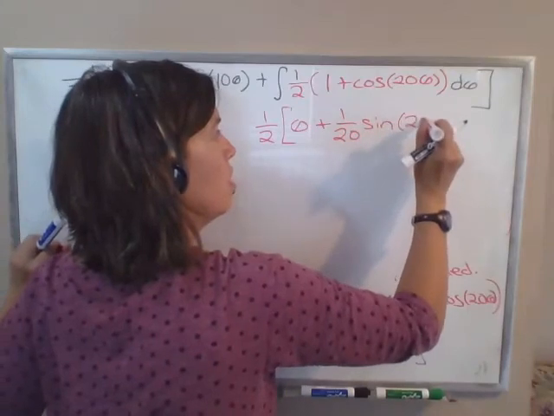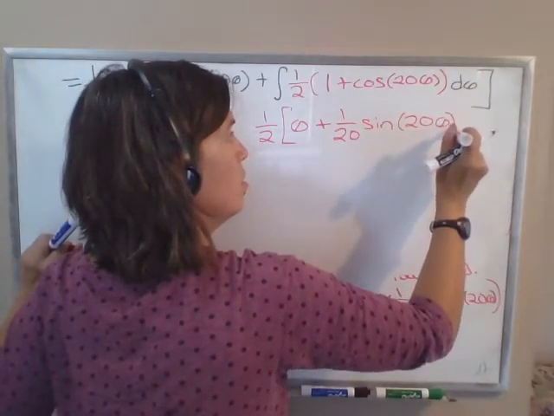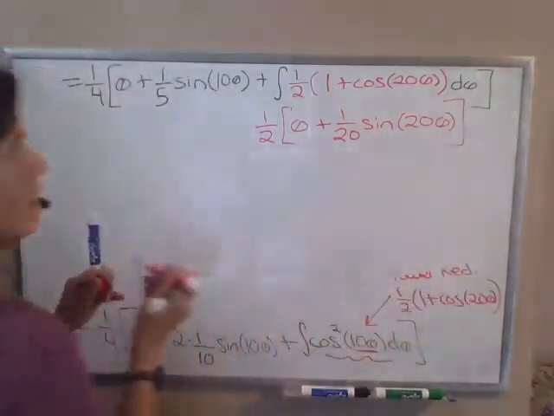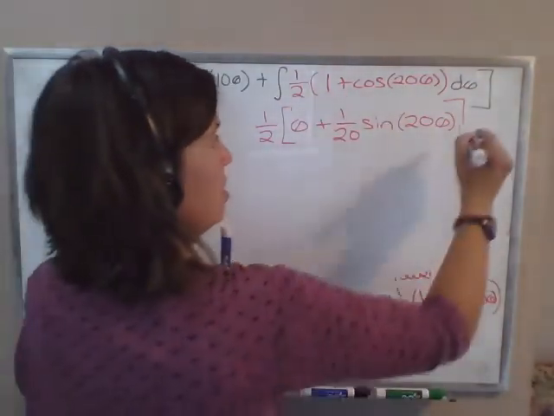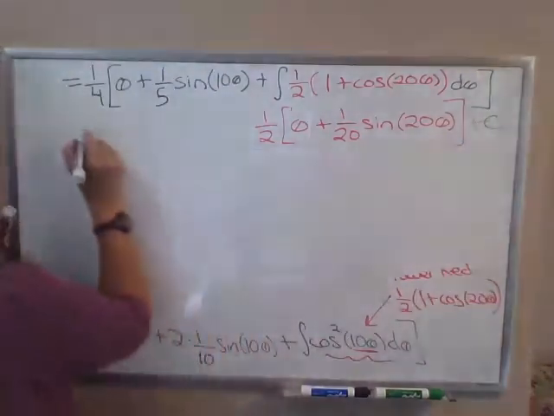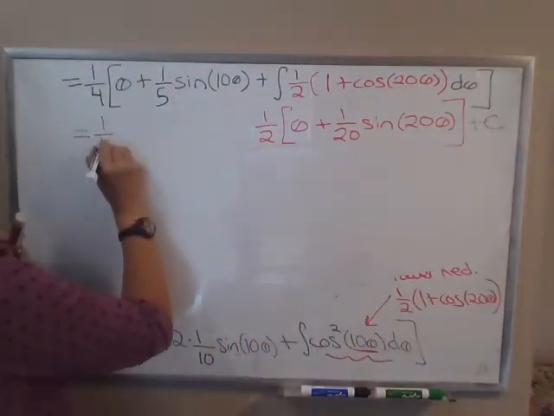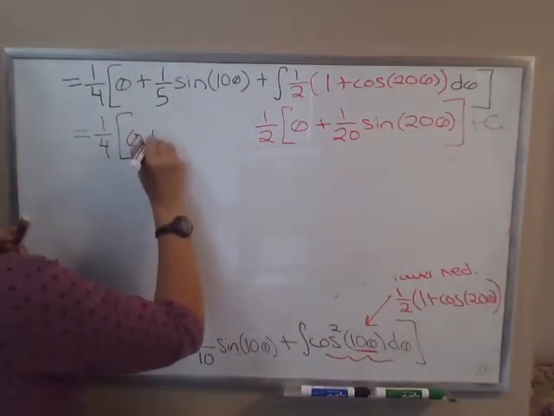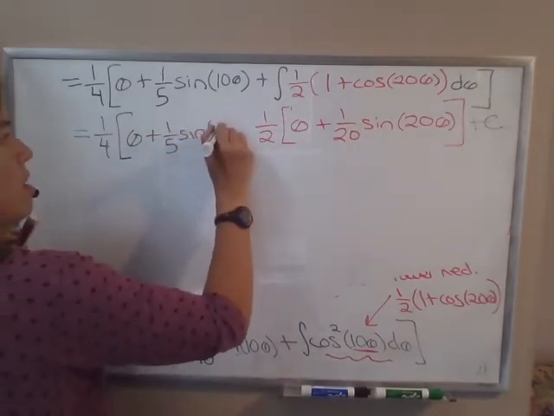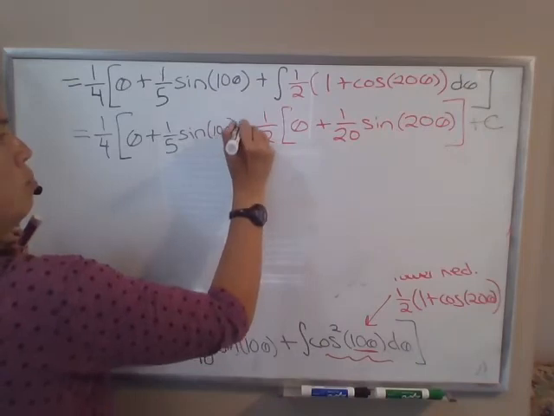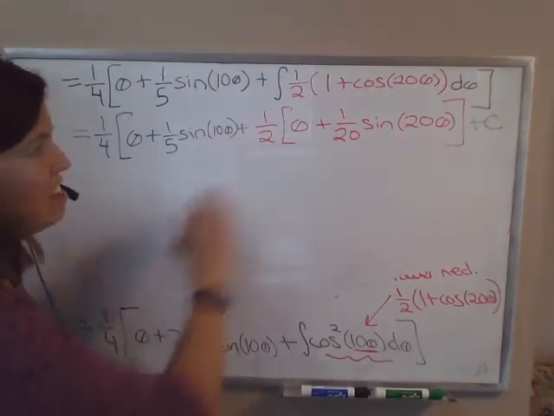So in this case, sine of 20 theta. Okay, and so now we've evaluated that integral there, plus c. We've still got all this other stuff in front. I guess I'll copy it down. Theta plus 1/5 sine of 10 theta plus that. Okay, so everything's integrated.